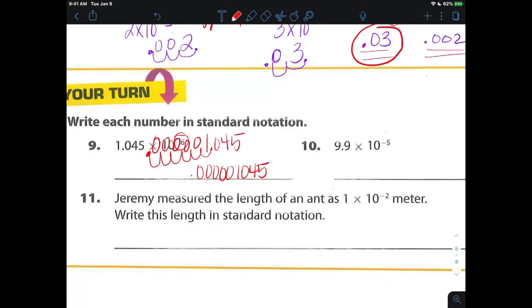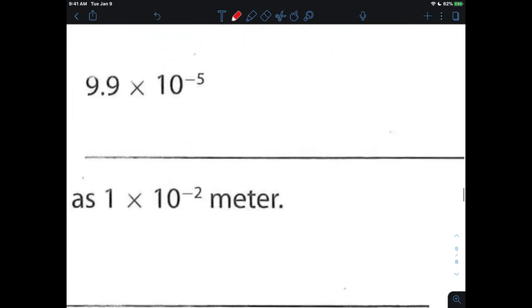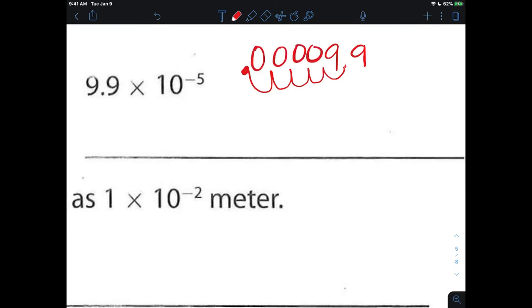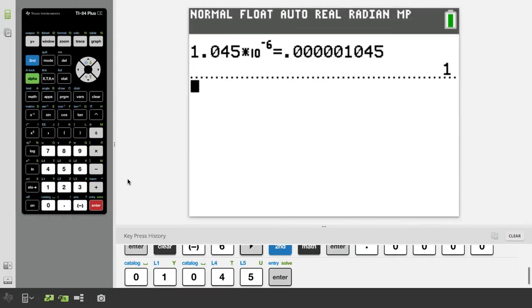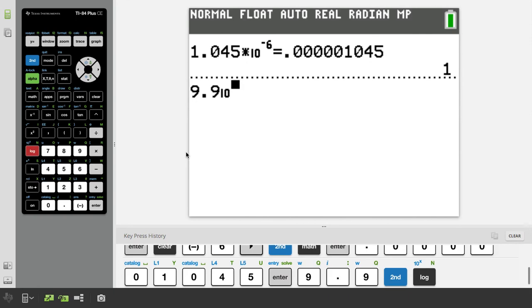So, back over here. 9.9 times 10 to the power of negative 5. All right, so let's move back 5 spaces. 1, 2, 3, 4, 5. Okay, let's go ahead and check that in our calculator. Originally, they gave us 9.9 times 10 to the power of negative 5.